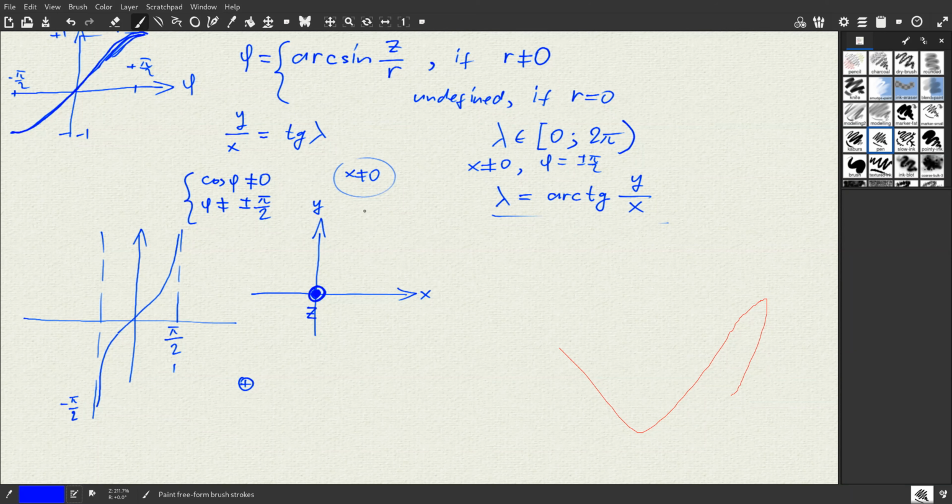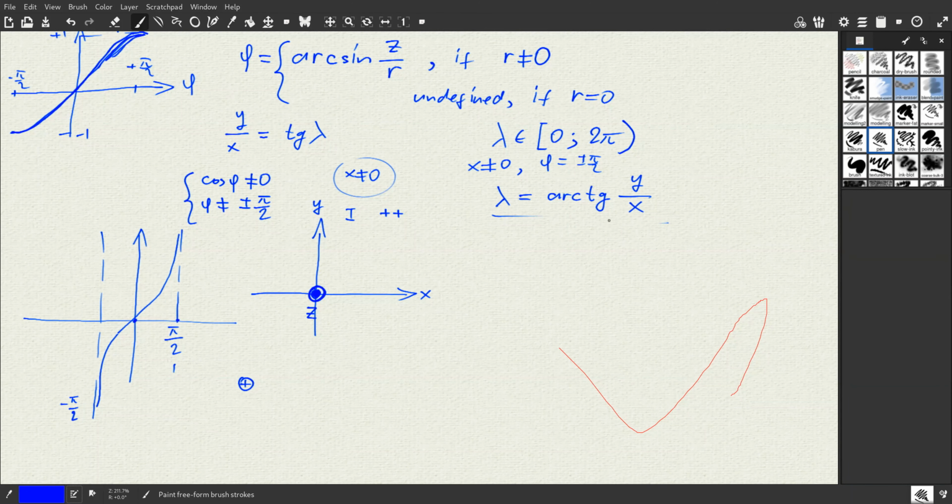So in the first quadrant, we have both x and y positive, and then for positive x and y, we really get lambda being arctangent of y divided by x between, as we can see, 0 and pi over 2, not including pi over 2, because at pi over 2, what do we have?